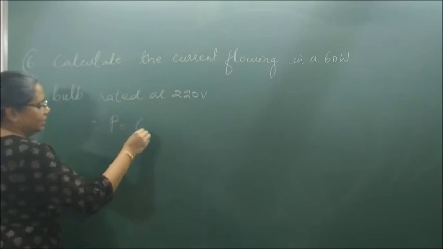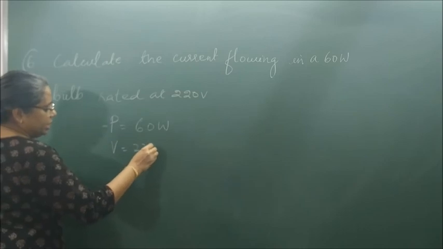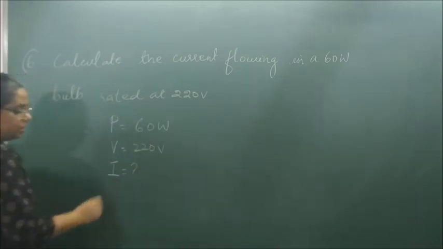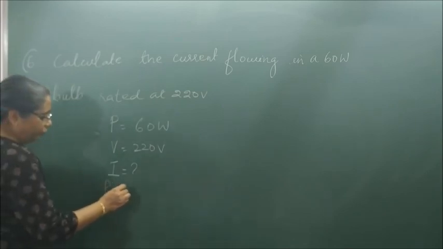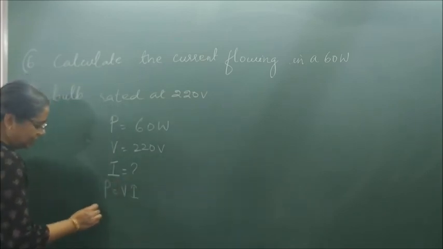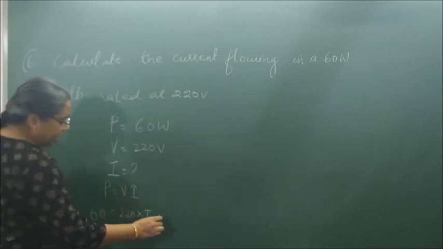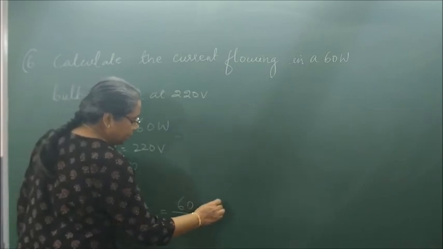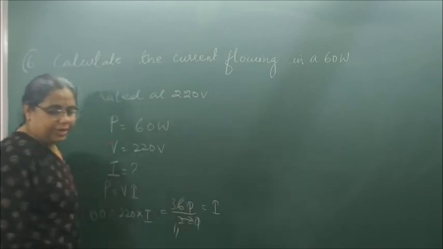P. P is 60 watt. What is V? 220 volt. I need to find out I. Which formula should I use? P is equal to VI. So P is 60, V is 220, I need to find out. So 60 by 220 is equal to I. This and this get cancelled. 3 by 11 amperes.